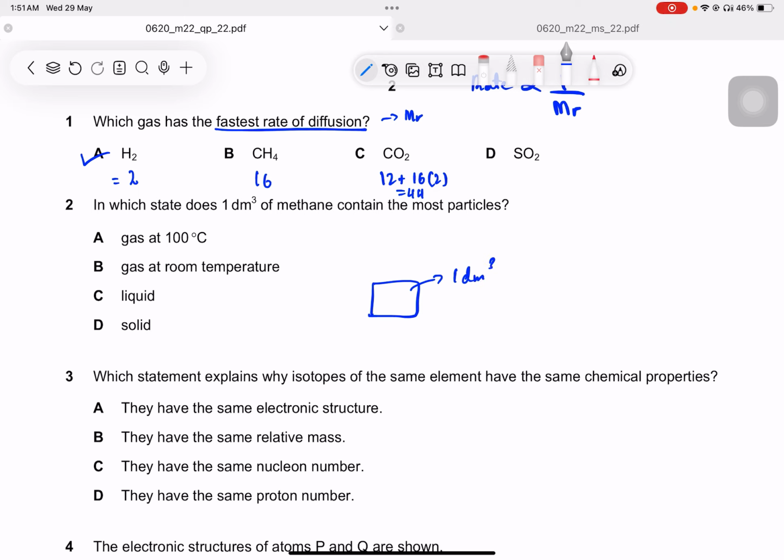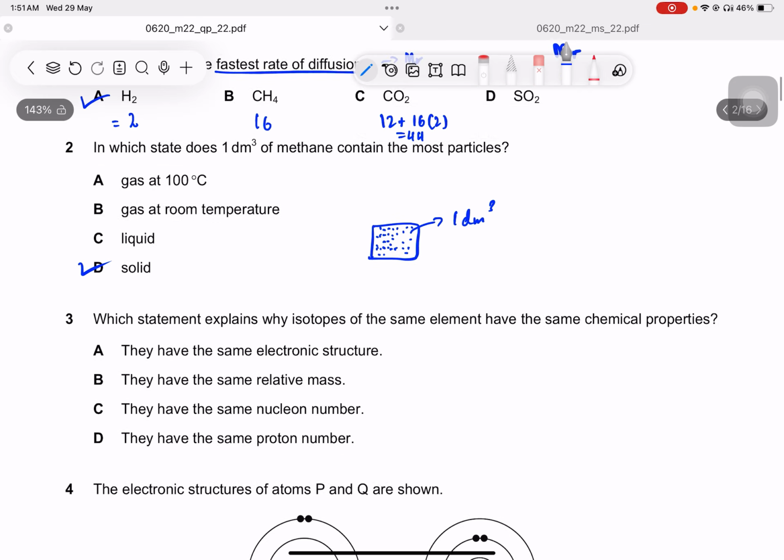If it is a gas at 100 degrees Celsius, the particles will be the furthest apart, so fewer particles will be needed to fill up this space. And if it is a solid, which has particles really close to each other, many particles will be needed to cover this entire space. This is just common logic. You have to relate it with the structure of the different states of matter.